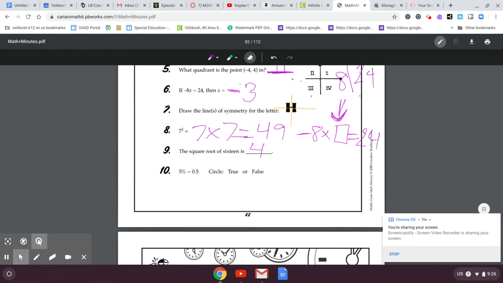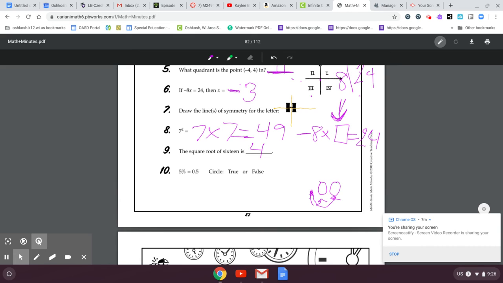And last but not least, number 10, 5% equals 0.5. Is that true or false? So remember, with decimals, the number to the right of the decimal is the tenths place. The number 2 spaces to the right is the hundredths place.